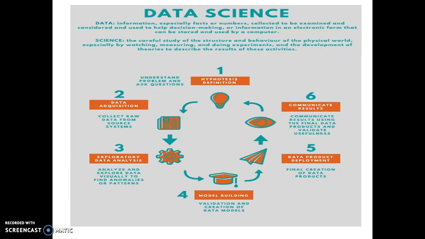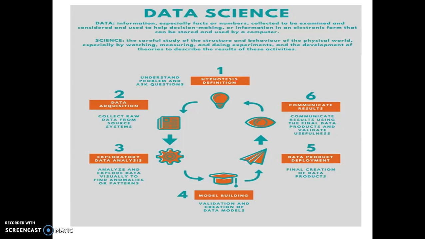after the model creation. After the model is created, we go to step 5 where we do the model deployment. This step is called data product deployment, the final creation of data products. Now this model is ready for use.